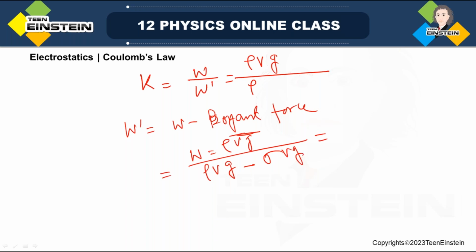Okay, if we take this common, because this is the displaced water, volume of the displaced water, so this is the mass, and this is the bind force, mass loss due to bind force. So Vg will cancel from each, so you'll get rho minus sigma.